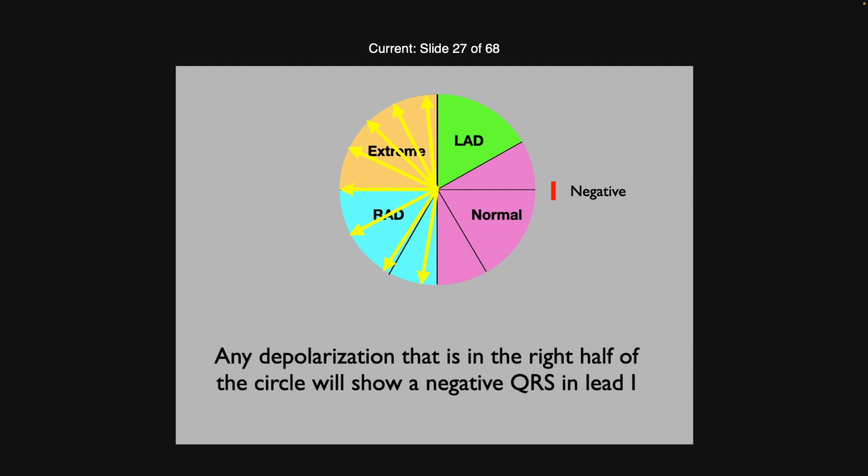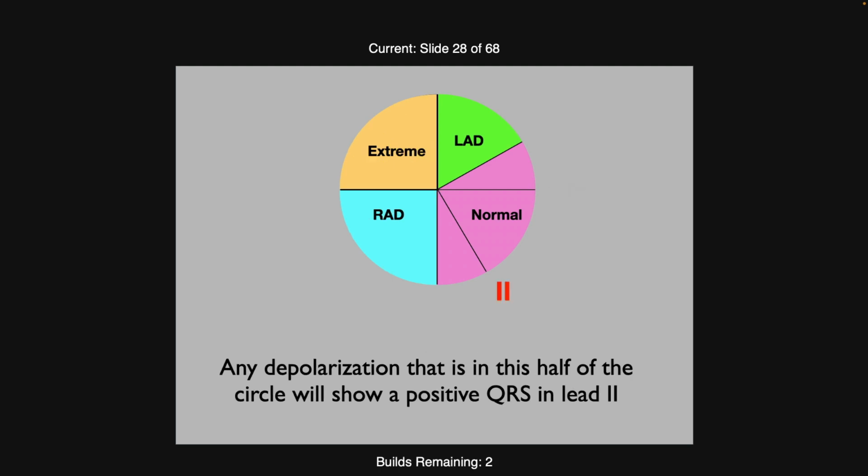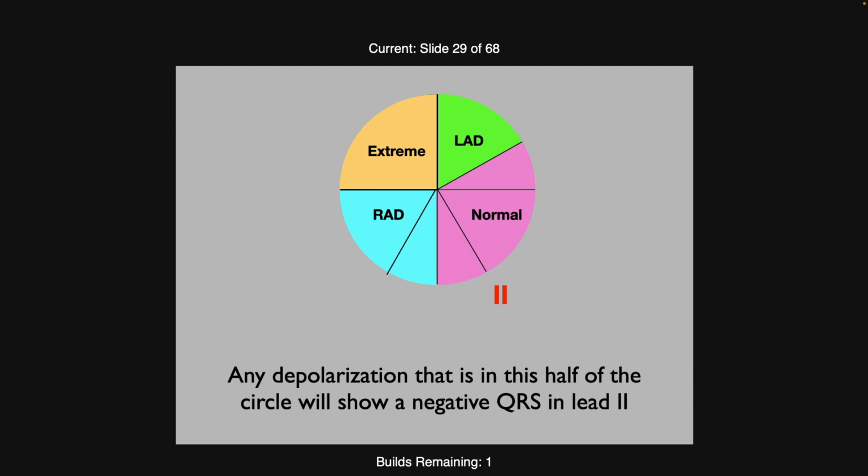So, remember we said we use 3 leads, so that's lead 1. Lead 2 is any depolarization that is in this half, okay, is going to show up as positive in lead 2. And any depolarization that is in that half is going to be negative in lead 2.